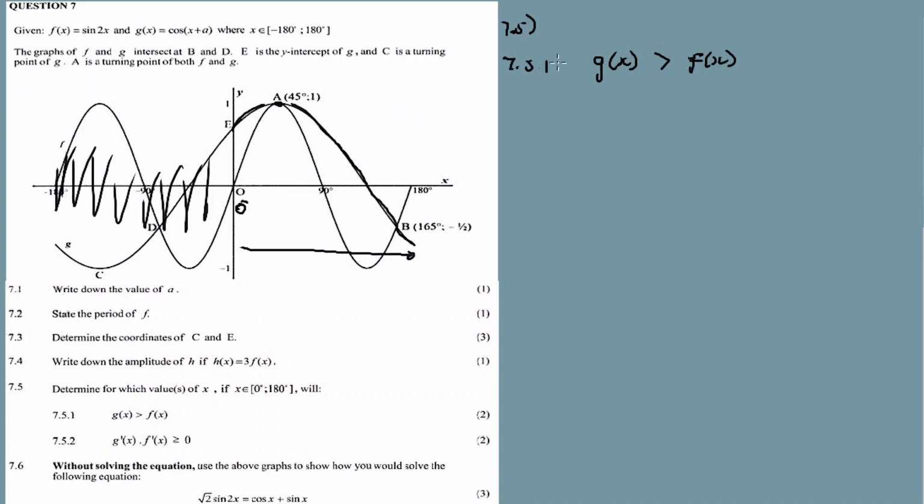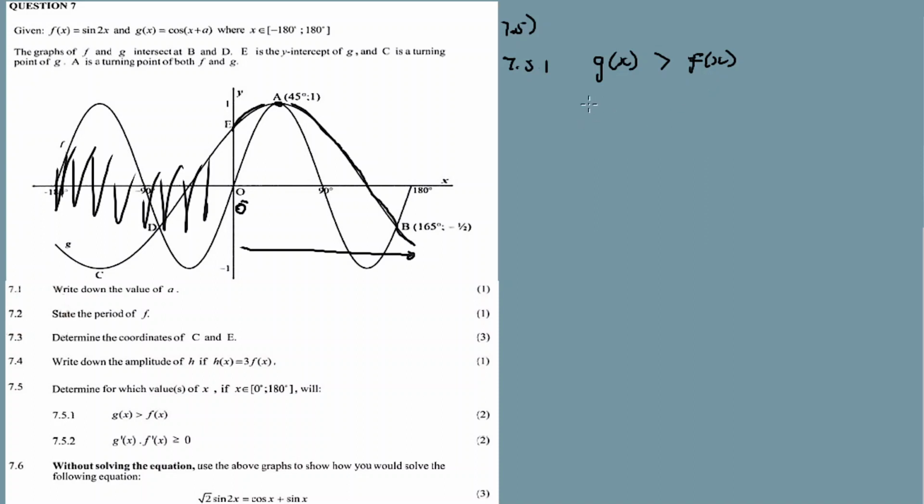We want g of x above and f below. So we say from 0 degrees to 45 degrees, whenever x is between 0 degrees and 45 degrees, we find our function g is above, and that of f is below.